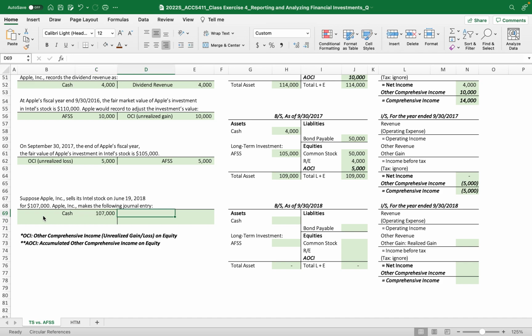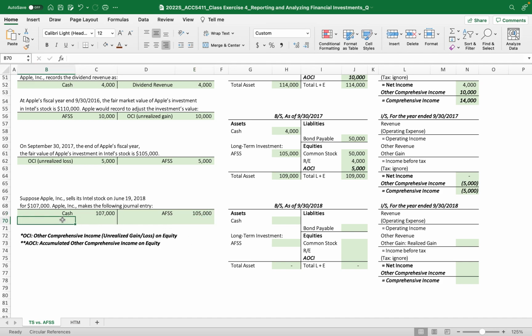Now received cash 107,000, and then AFSS. How much? Right, the prior ending balance. We need to remove this at $105,000, not $107,000. We need to remove this book value of the prior balance, 105,000.